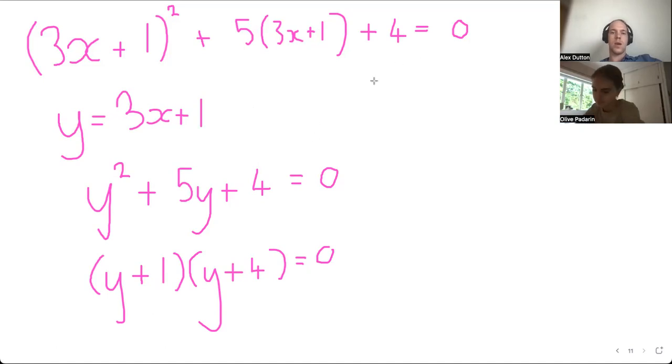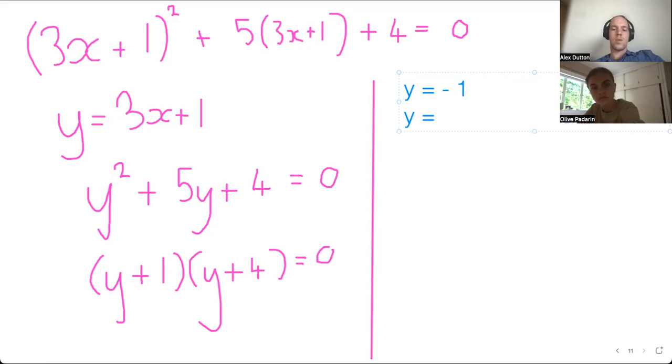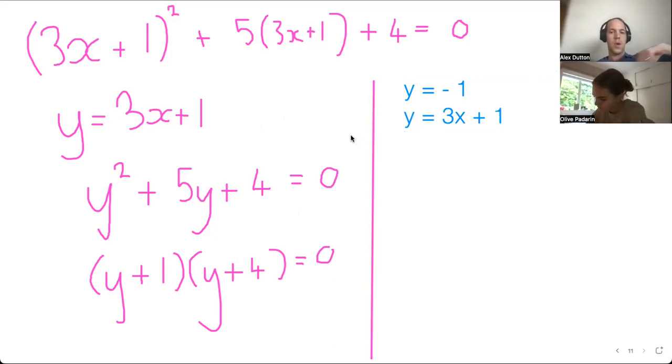And then let's just do that down the side. So let's do y. If y equals negative 1, and you know that y equals 3x plus 1, could you find out what x is, please?